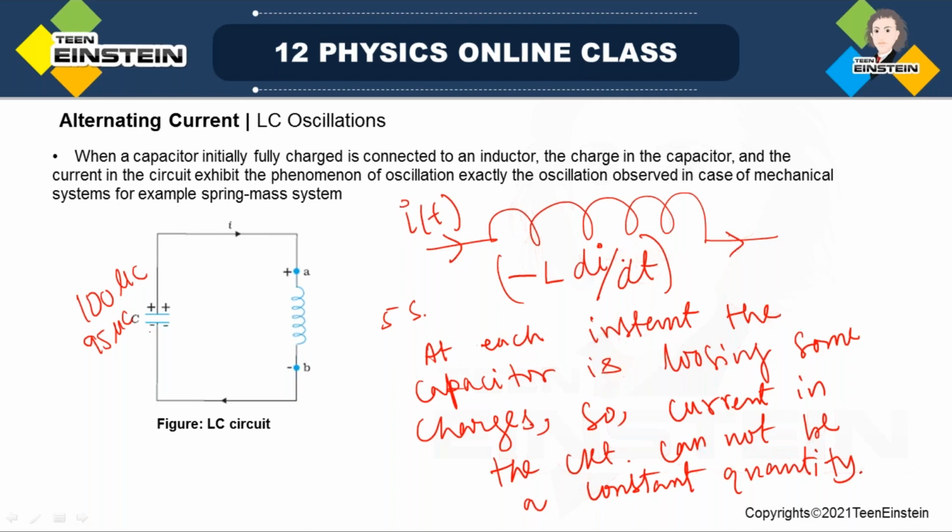Self induction: when a current flowing in the inductor coil is varying with time, in the inductor coil there will be an induced EMF which is given by minus L di/dt.